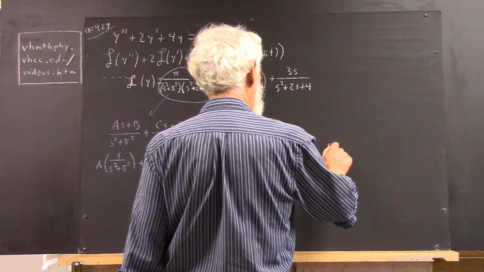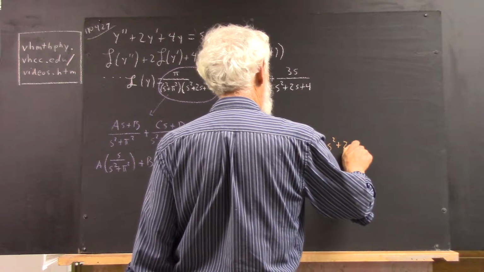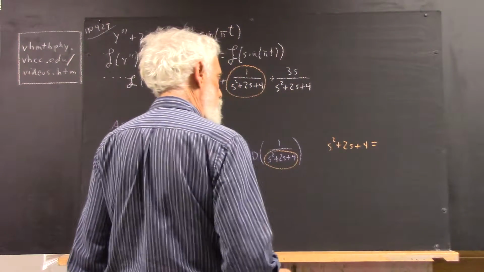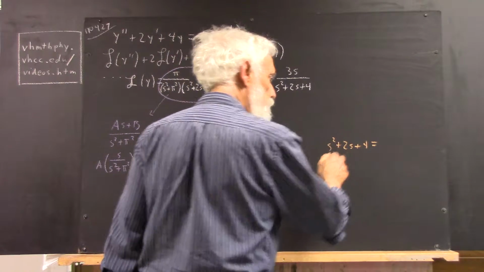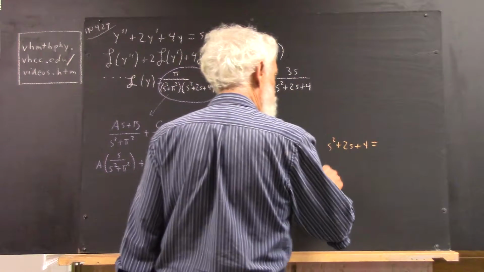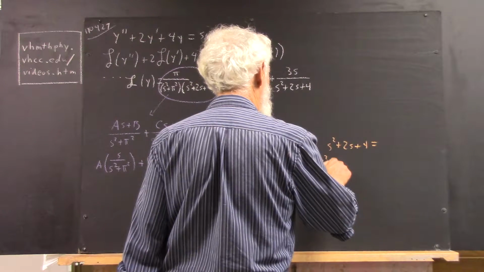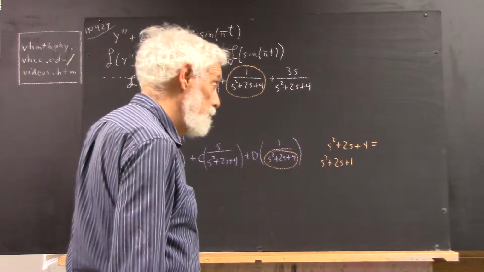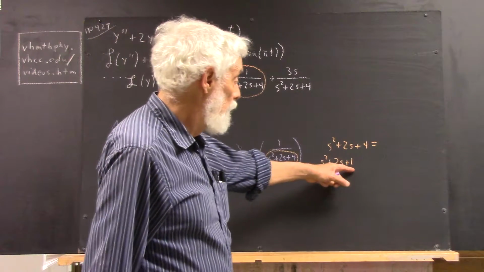I'm going to say, okay, let's see, s squared plus 2s plus 4 equals what? Well, s squared plus 2s plus 1 is a perfect square.